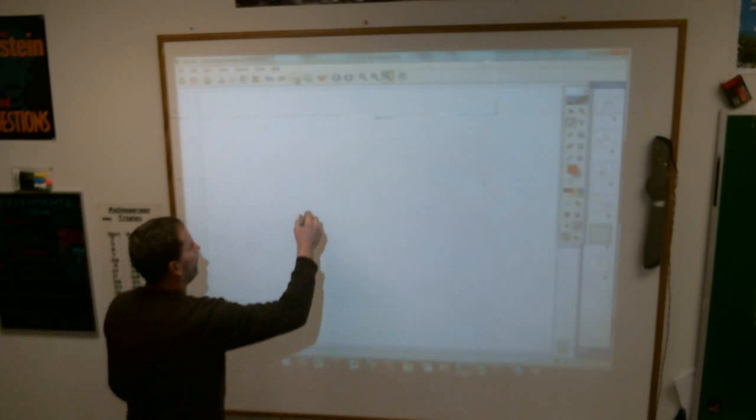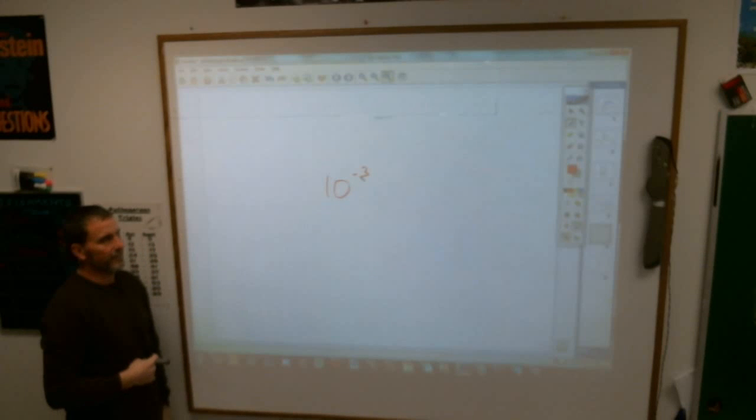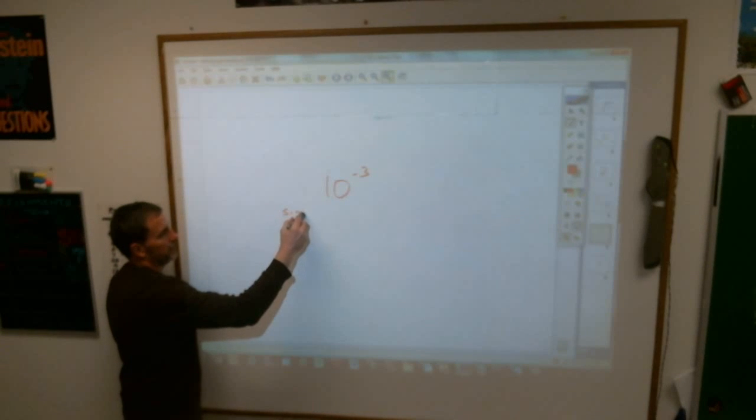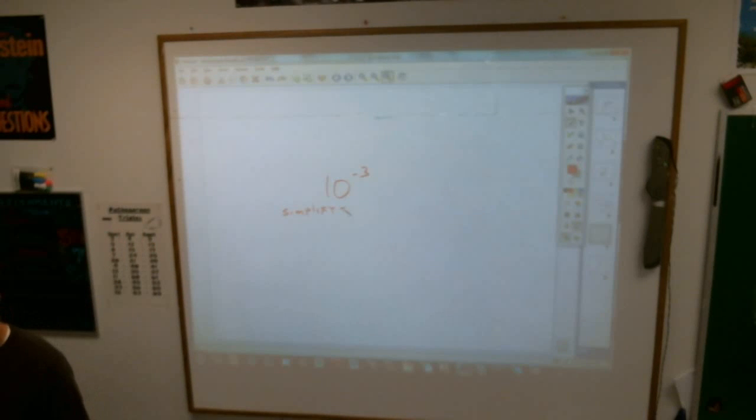How about this? What would 10 to the negative 3rd power be? If I ask you to simplify that, what would 10 to the negative 3rd power be? Got an answer?